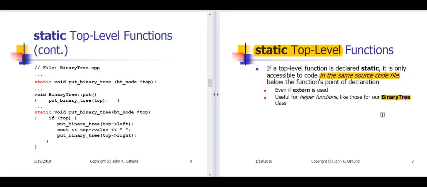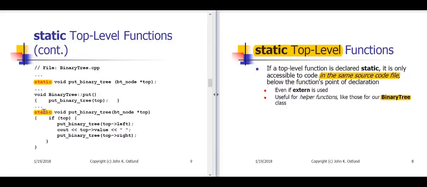And we would like to make it impossible for application developers or other programs to directly make use of these helper functions. We can do that, as illustrated here on slide 9, by putting the word static in front of the declaration and/or definition of a helper function.